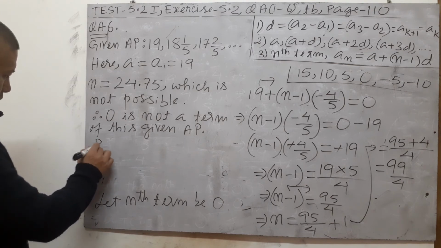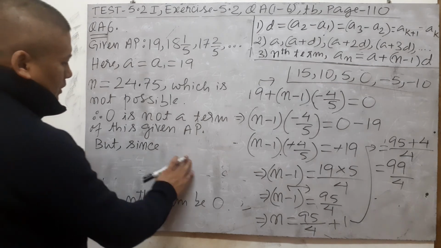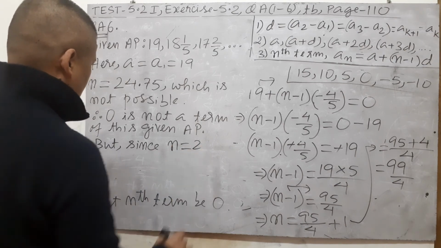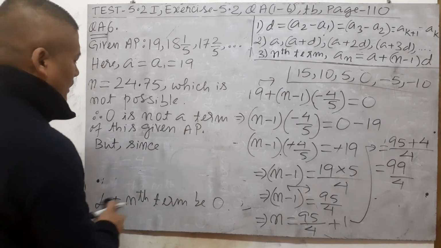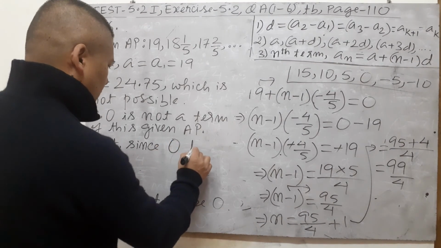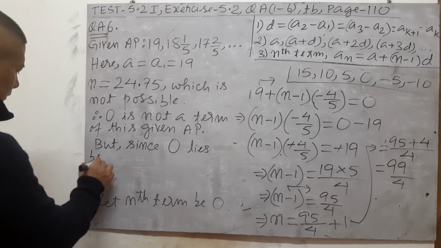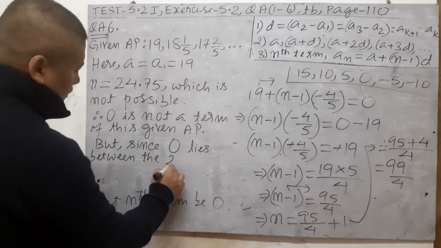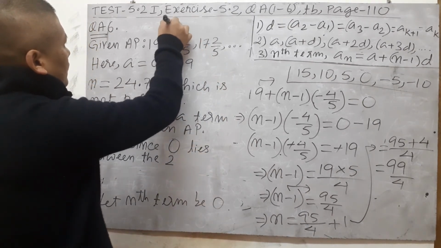But you can write like this: theoretically, 0 lies between the... see here, 24.75.